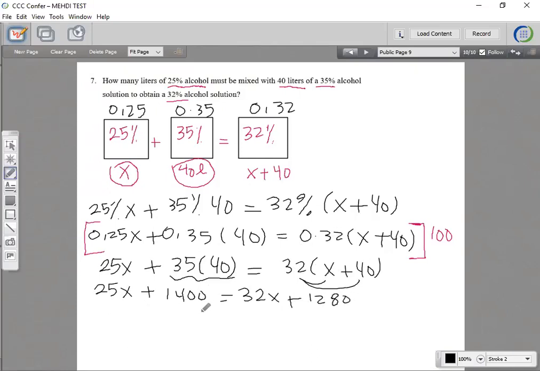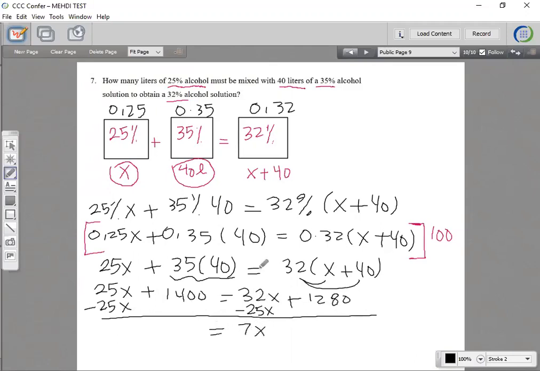So I need to combine like terms. I can move the smaller x where the larger x is located, so I can subtract 25x from both sides of the equation. I get 32x minus 25x, that gives me 7x.